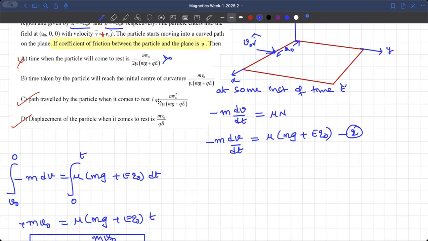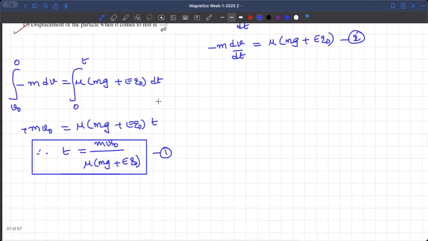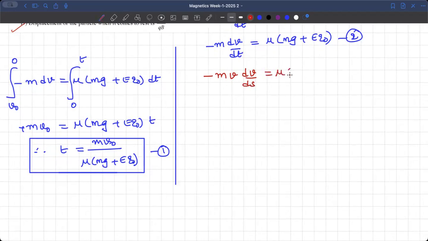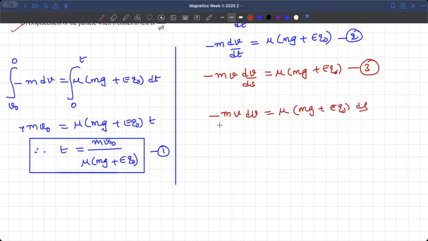Next part, the distance part. The way you have written this equation, you can rewrite it in another form. Remember, I am writing the distance part. I'm writing the same thing in a different way. So minus mv dv is mu mg plus eq naught ds.